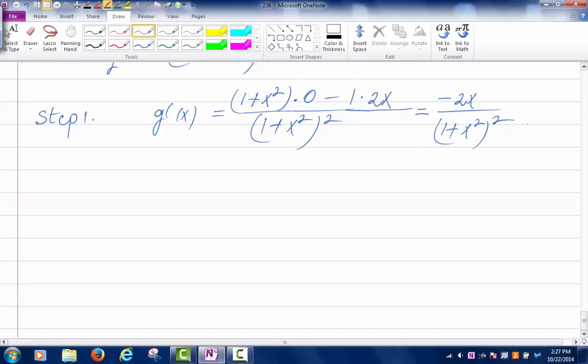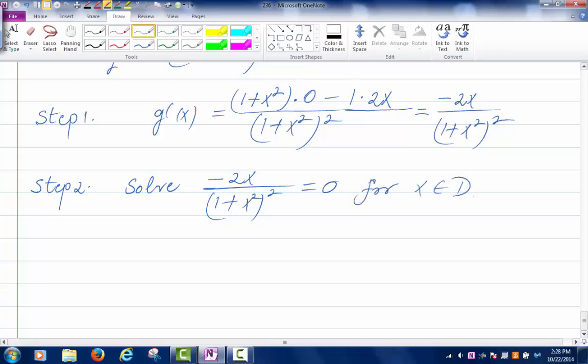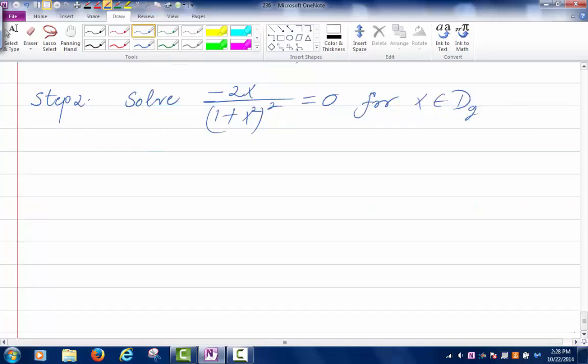Okay, so we have the derivative. What is step 2? Well, we solve the derivative equals to 0 for x in the domain of g. Well, if the ratio is 0, that means that the numerator is 0.